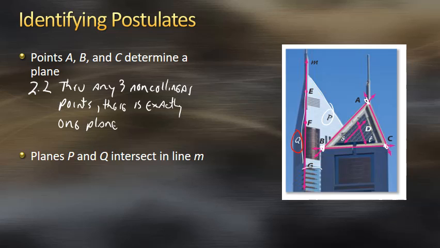Here is plane Q, which looks like it's running all the way down to here and all the way down to here. But they intersect at this section right there. These planes intersect. And we see that that intersection is, in fact, line M.